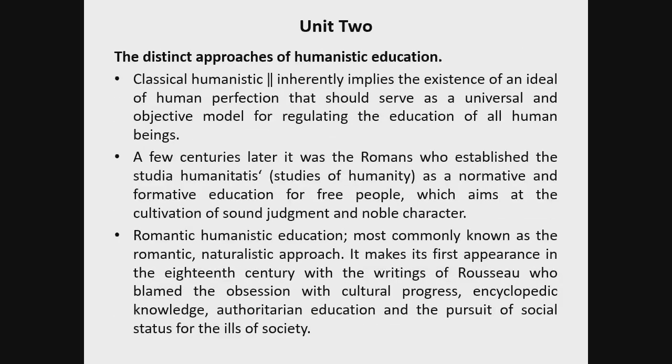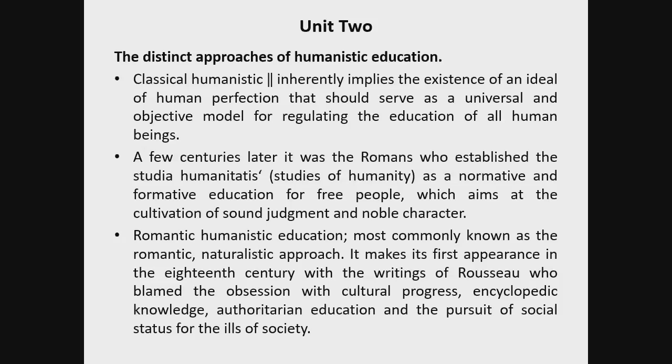So we need to move on, and after liberalism there are two other theories that came, called the humanistic education theories. Within the humanistic education theories, there are other humanistic theories, which are the classical humanist and the romantic humanist.